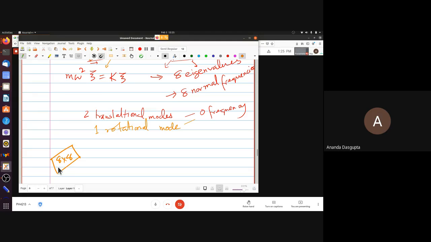Which means that instead of having to solve an 8 by 8 eigenvalue problem, now you have to solve only a 2 by 2 or a 3 by 3 eigenvalue problem, which of course is much more tractable. How it does that, I'm not telling you now. I'm only telling you this is what you gain out of using a group theoretical analysis of the problem. Okay?